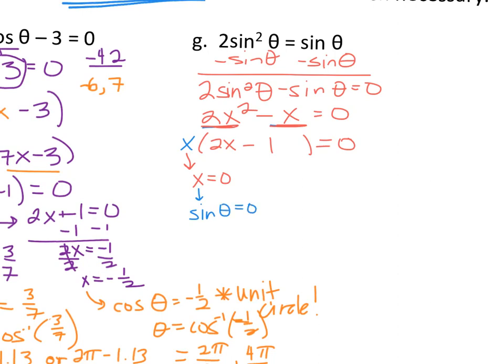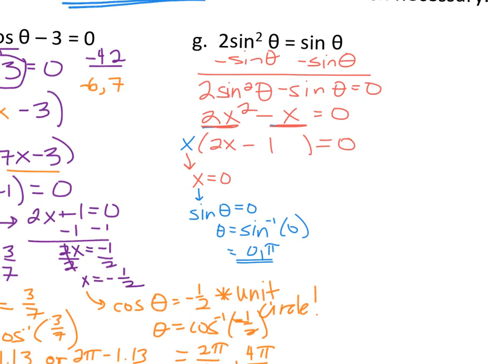And to get theta by itself, we'll take the inverse. And 0 is on the unit circle. Sine equals 0 at 2 possible locations, on the right side and the left side. On the right side, it would be 0, and on the left side, it is pi. Those are our 2 answers when sine theta equals 0.